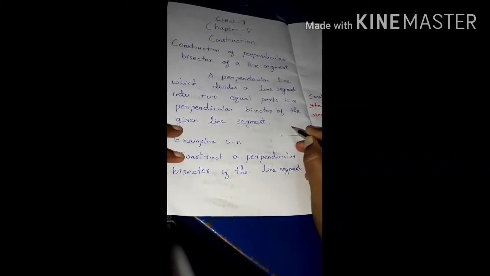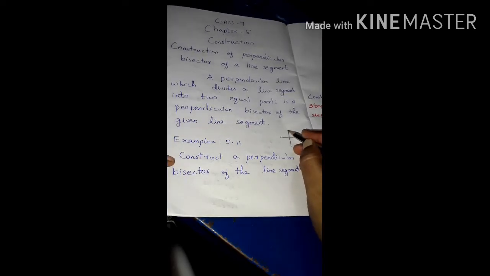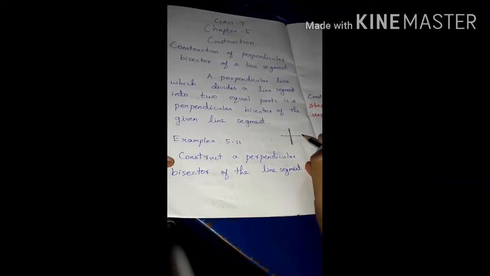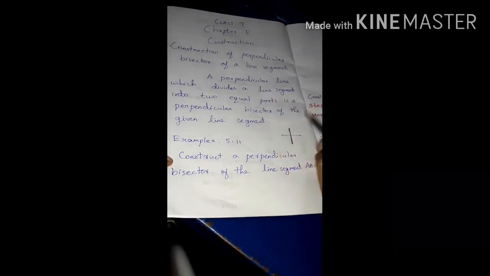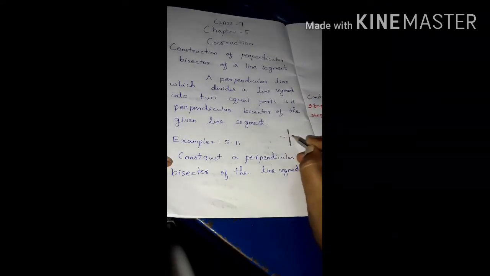The line which divides the line segment into two equal parts is called the perpendicular bisector. Okay, do you understand?